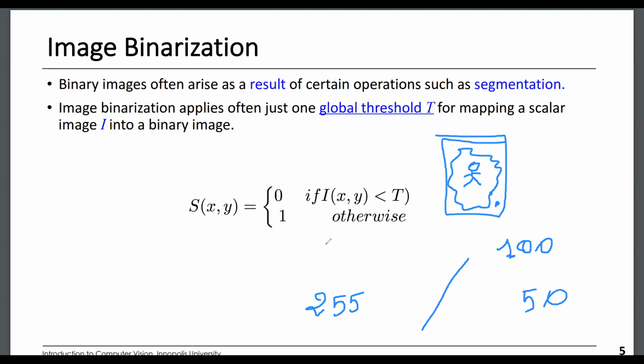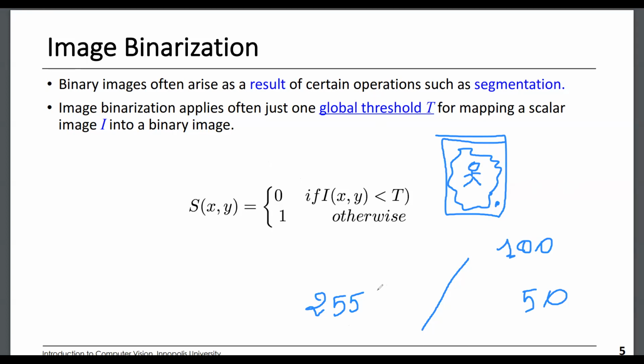As you can see, image binarization is a process of converting any image into a binary image, meaning 0 and 1s. It's very useful where we want to do segmentation or segmentation-like tasks. We have a white cat on a blackish background.